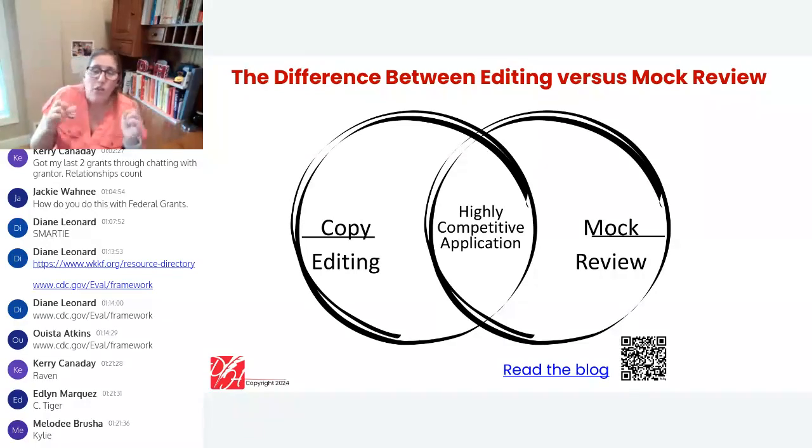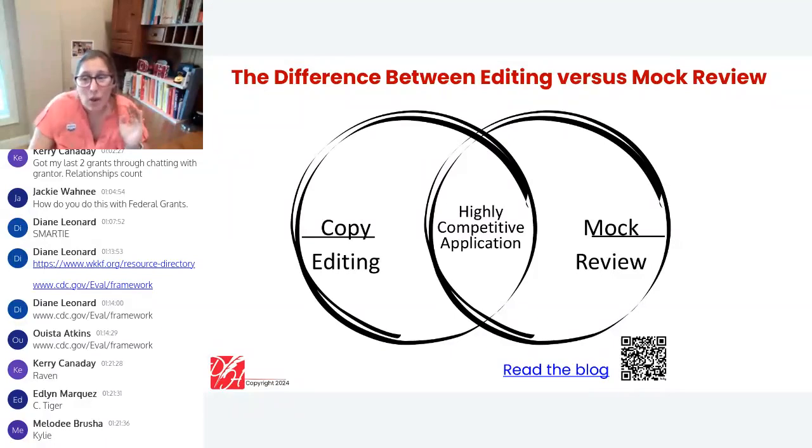If we do both, so copy editing circle on the left, mock review circle on the right, the Venn diagram overlap is what's going to result in the highly competitive application. Either thing by themselves, copy editing would be okay, would help. Mock review by itself, it would help. If we do both, we are putting ourselves in a position for the strongest application so that reviewers are super excited to give us a great score and say yes.